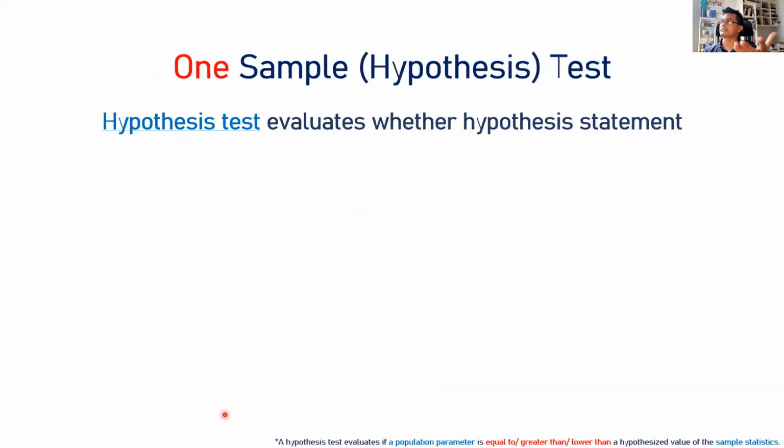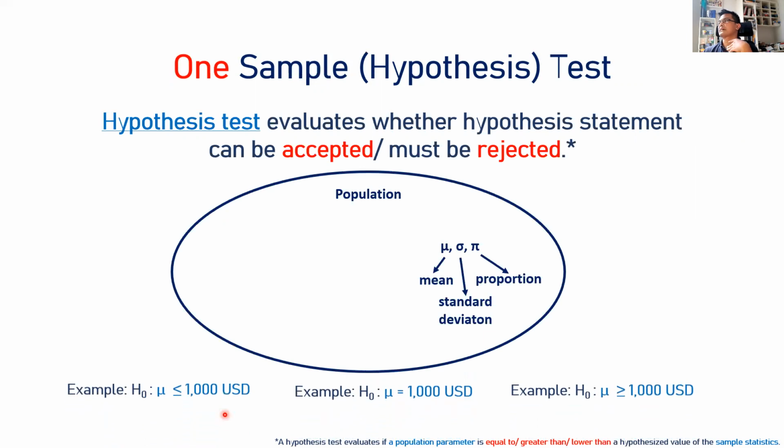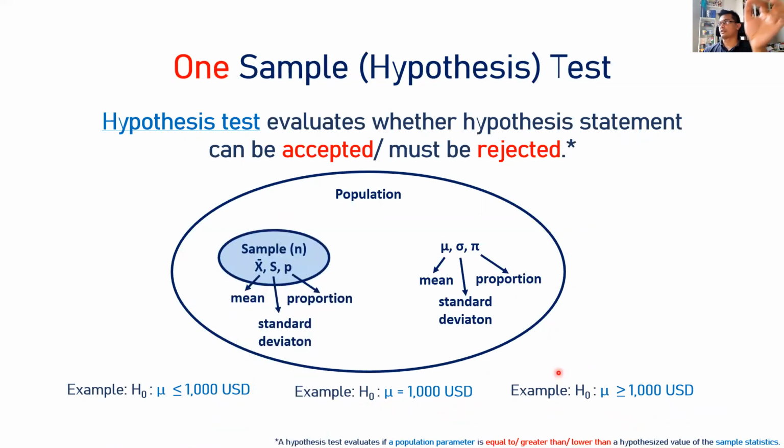A hypothesis test evaluates whether the hypothesis statement, or the previous claim, is indeed correct, whether it can be accepted or must be rejected. And how do we do that? We have the population and the claim, so to test whether it's right or not, we pick several respondents or data points and write down their values, and then we make statistics.